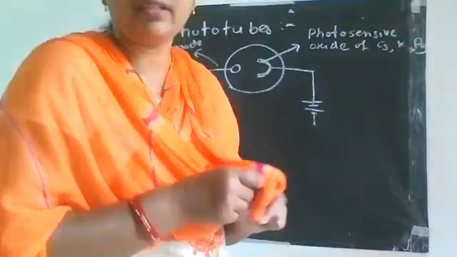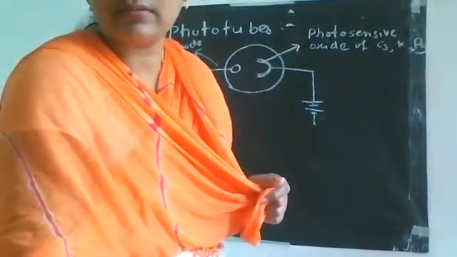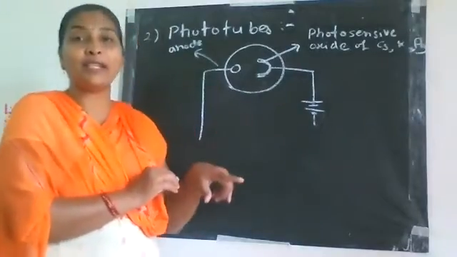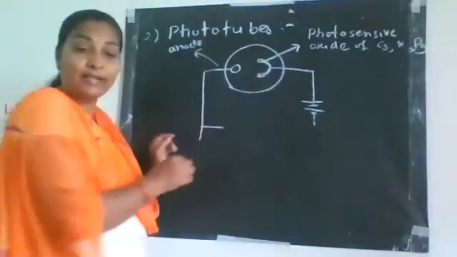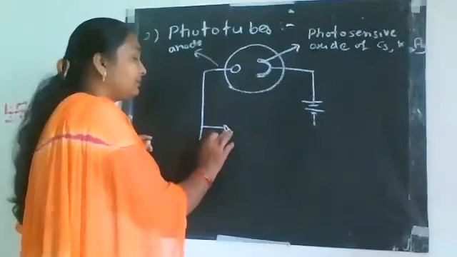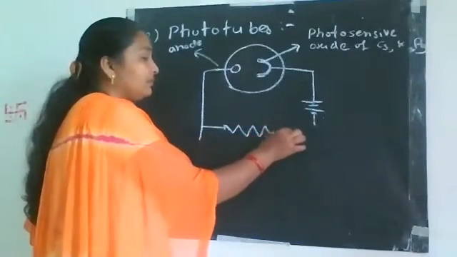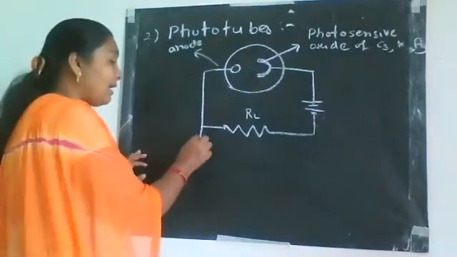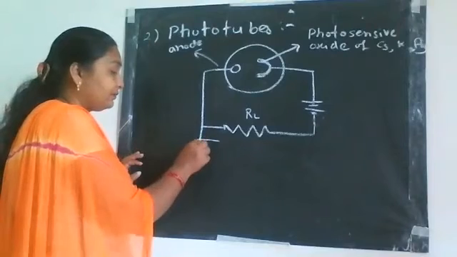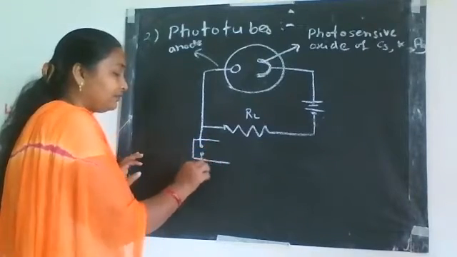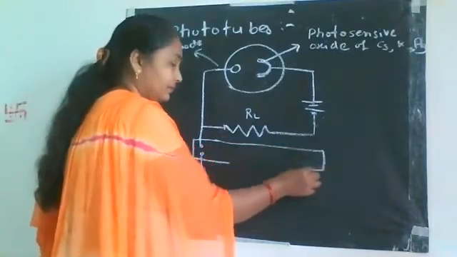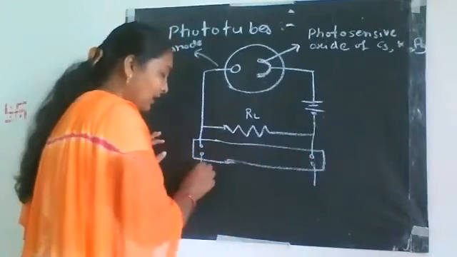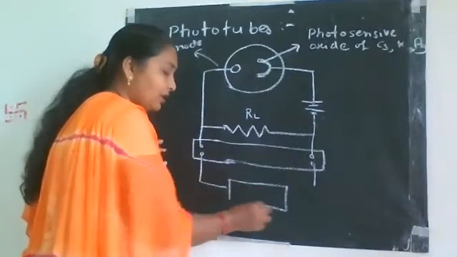And in between these two electrodes one resistor is fitted, which we will call RL. After that the amplifier is fitted, and this amplifier sends the signal to the readout devices.